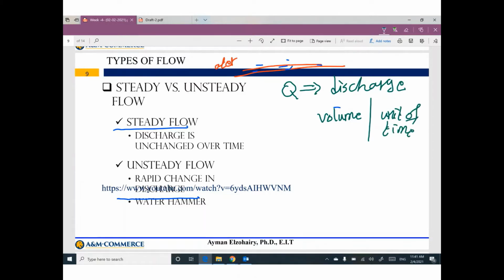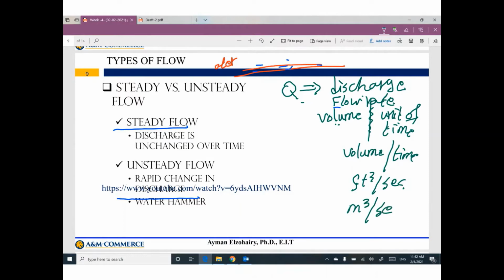The value of this volume passing through this cross section per unit of time is called discharge, or we can call it flow rate. That means it will be volume unit divided by time unit, probably cubic feet per second, probably cubic meter per second.